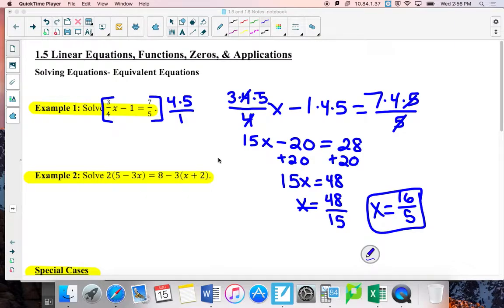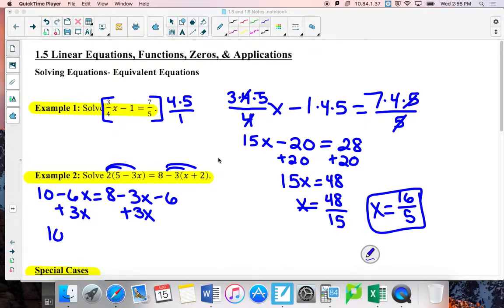In example number 2, just practicing that distributive property. This is going to look like 10 minus 6x equals 8, distribute that negative, minus 3x minus 6. Go ahead and move things all around. I'm just going to go ahead and add 3x to both sides.